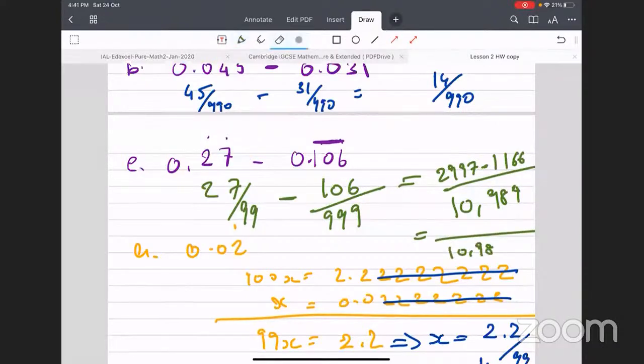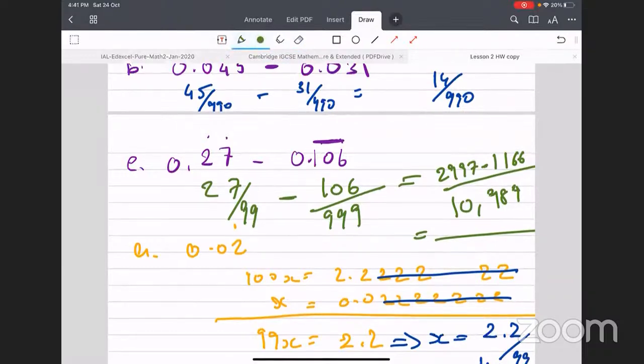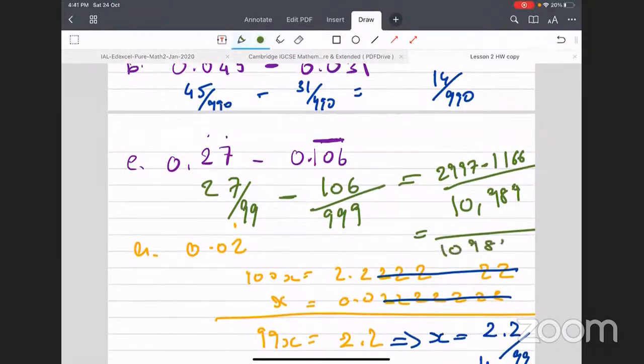This is not a decimal, take care. My handwriting is horrible. Okay, 2997 minus 1166 is 1831. Okay, good. Thank you.